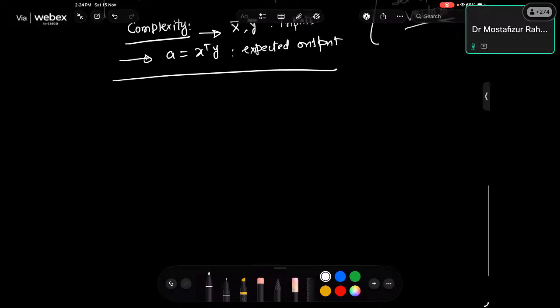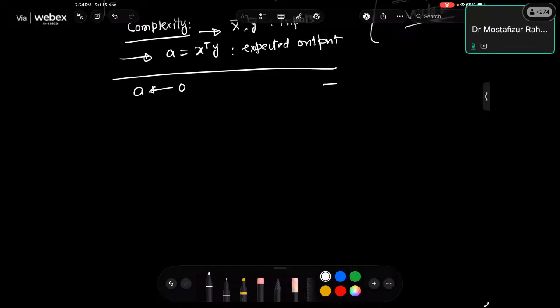So let's write a pseudocode for this. Let's initialize the variable A equals 0. Then how many numbers are there? There are n numbers, right? So n times. If you look at this summation, i equals 1 to n, or sometimes when you see this product, i equals 1 to n, for both of these you can use a for loop.